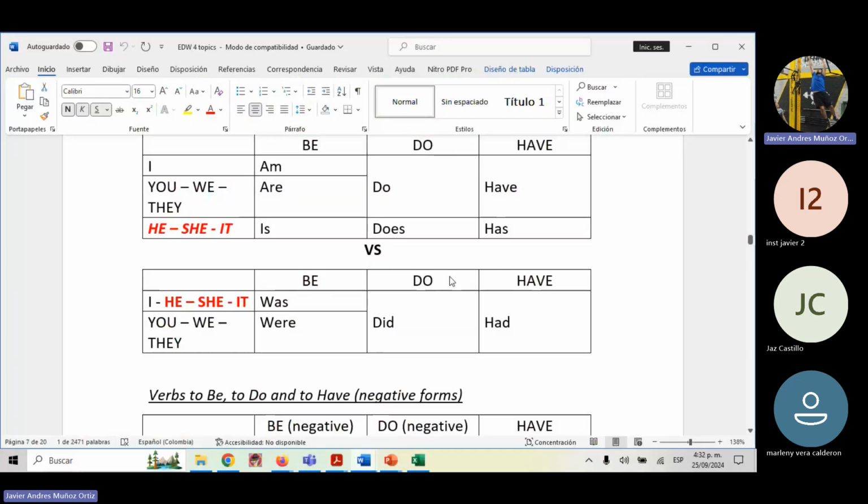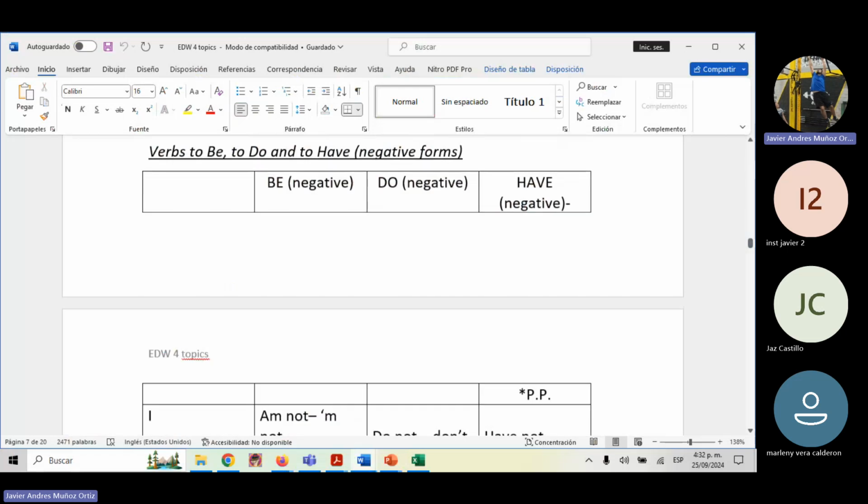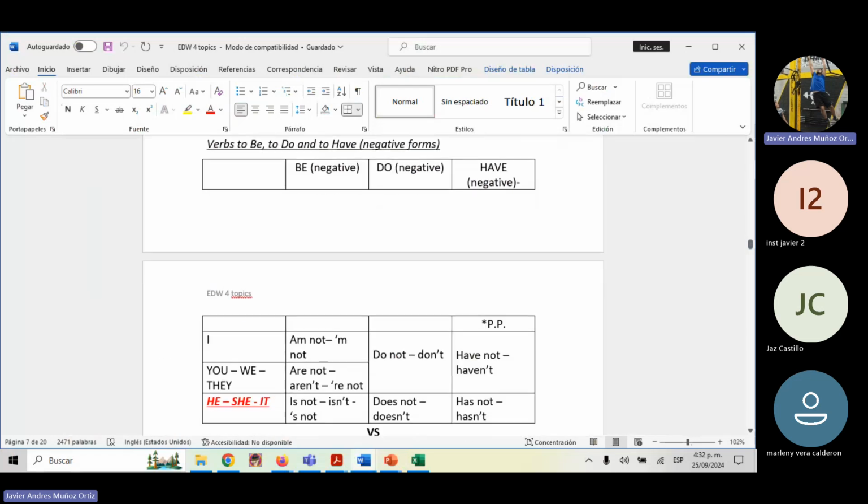And the verb to have is going to be mentioned as had. In this case, we are going to use had for perfect tenses. This is not important to mention now. We are not going to present a lot of details because this is not the idea of this level. But I can show you the conjugation, and this is possible to mention.